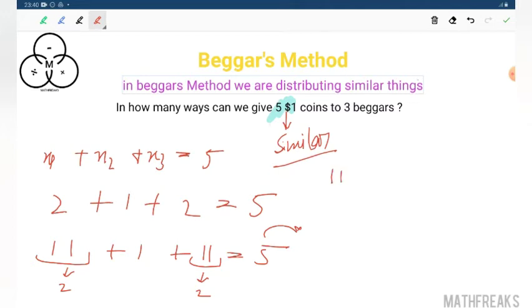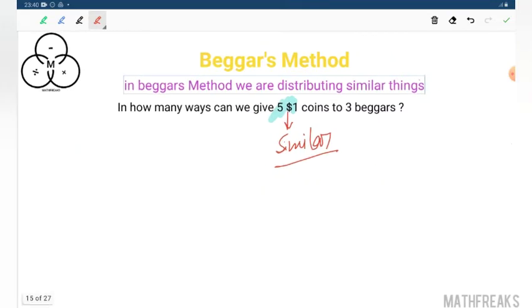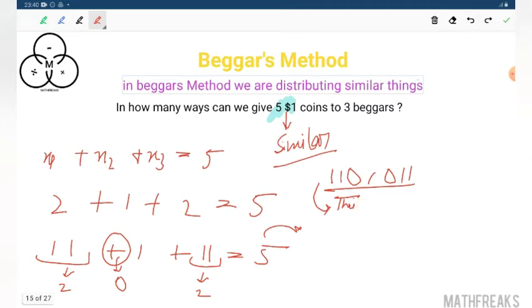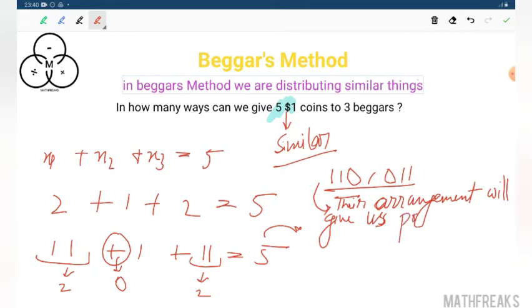If we imagine the plus symbol as 0, 1 1 0, 1 0 1 1, so their arrangement will give us possible ordered pairs.